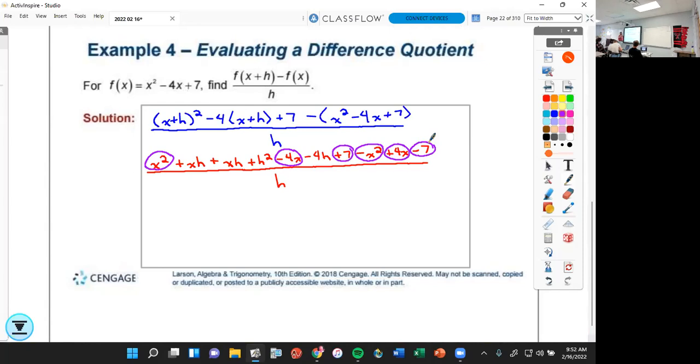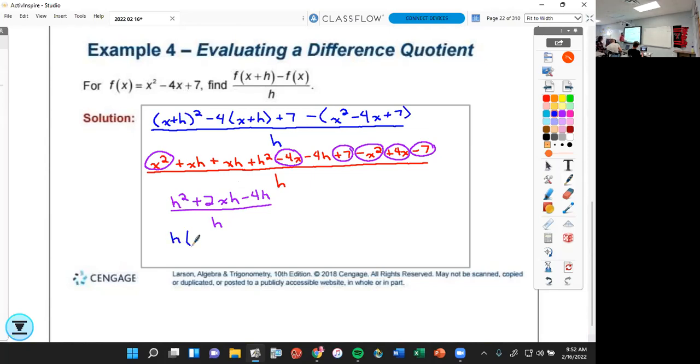So let's go ahead and I'm going to write it. I'm going to combine the like terms and write it down in descending power. So I've got h squared first, right? Plus 2xh. What else do I have? All divided by h. Now that I've totally combined like terms, I can factor an h out of the top, correct?